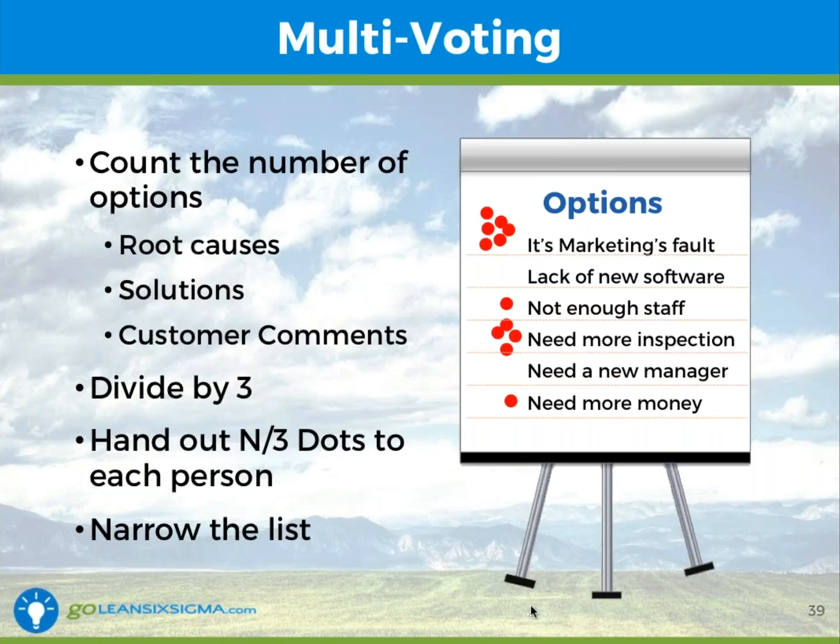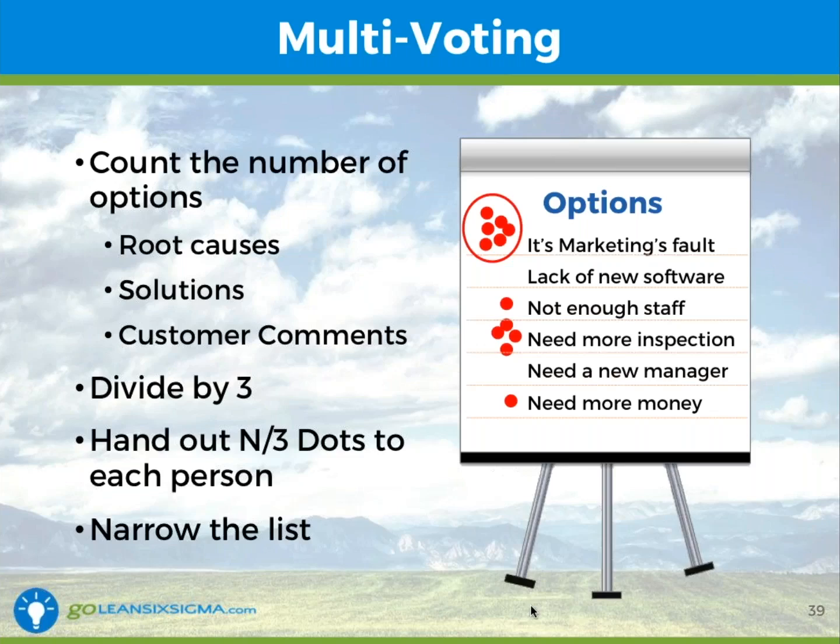Can you sort of dominate one option by putting a whole mess of votes on it? All right, so that's multi-voting, and it produces a prioritization, right? That got the most dots, right? It's marketing's fault. So that's what you want to go down.